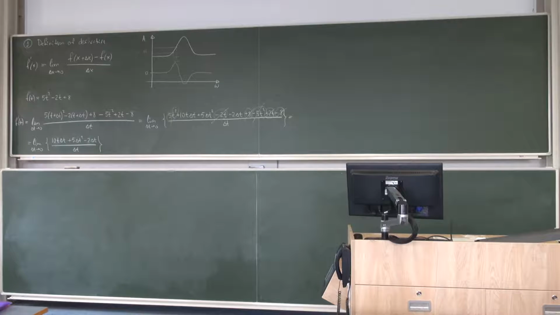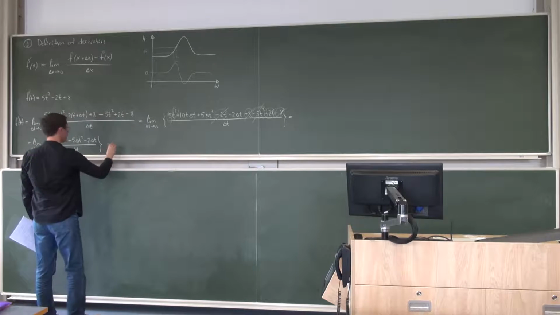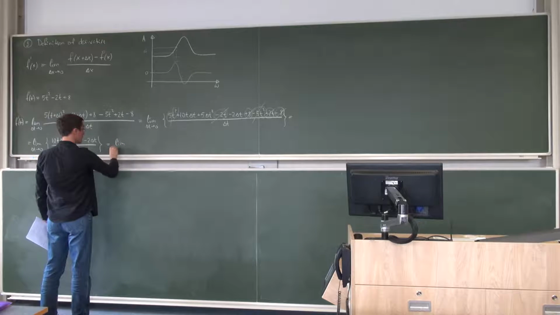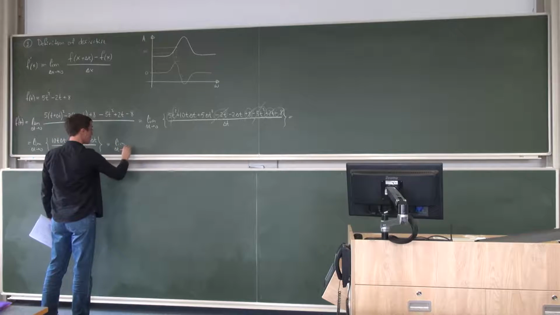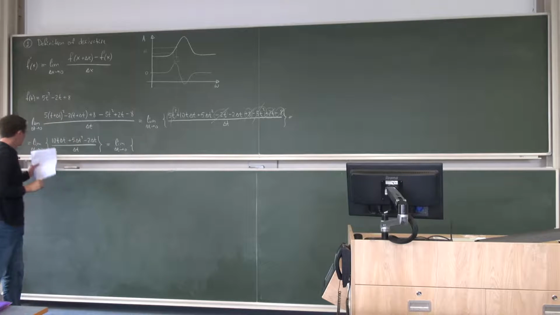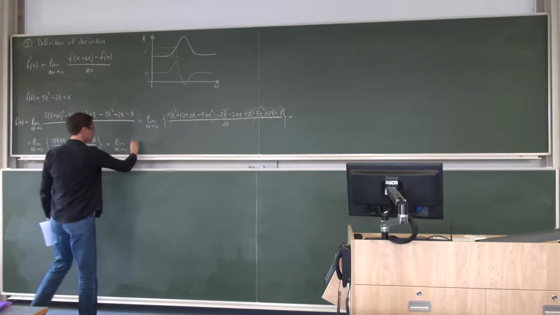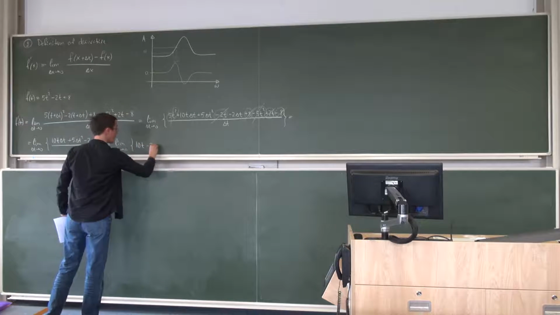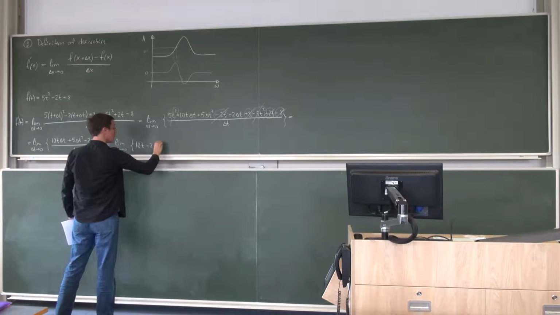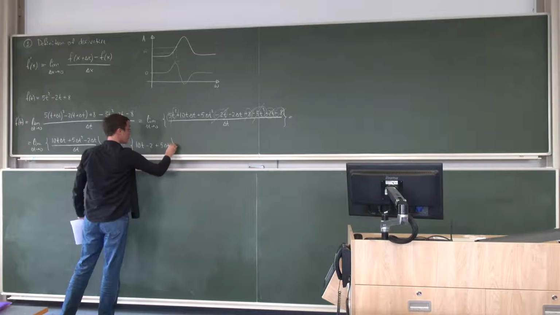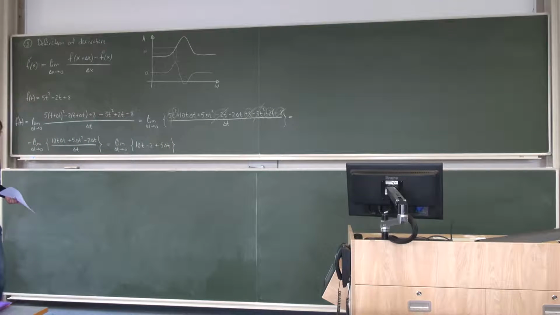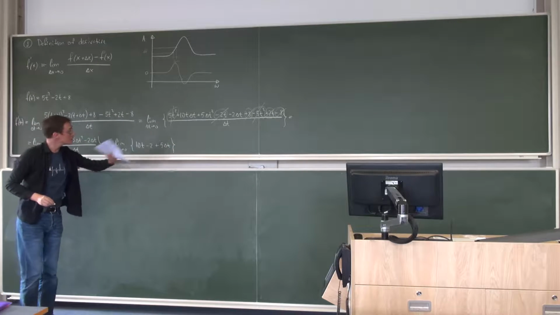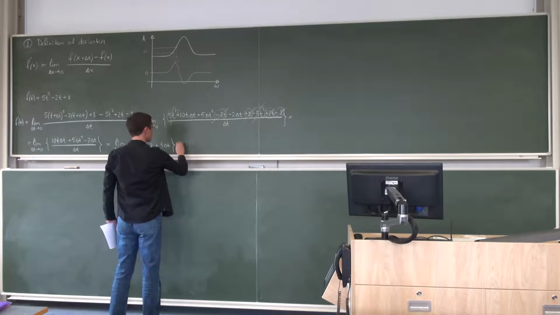Well, you can see delta t in the numerator and the denominator, so another instance of it cancels. Limit delta t to 0 of 10t minus 2, and then plus 5 delta t. The limit of that when delta t goes to 0, well, this just disappears, and so that's 10t minus 2.